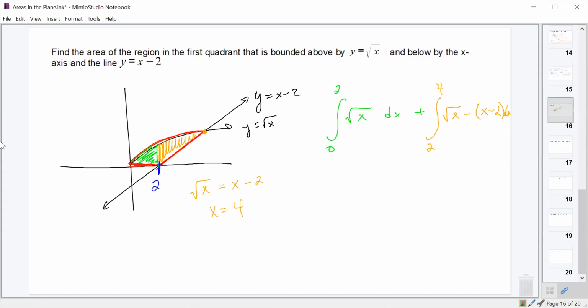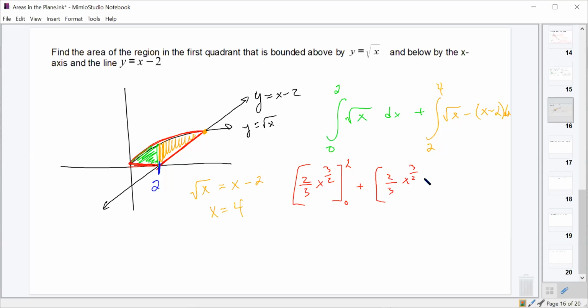So let's find that area. What's the integral of root x, or x to the 1/2? 2/3 x to the 3/2. So we got 2/3 x to the 3/2, evaluated from 0 to 2, plus, and once again, the integral of root x is 2/3 x to the 3/2.